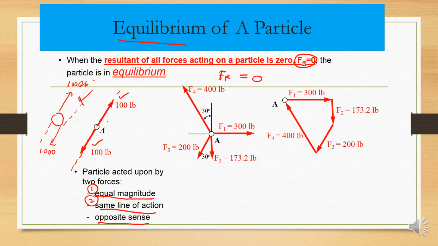Now take a look at a particle which has more than two forces. For example, in this case it has four forces together, F1, F2, F3, and F4.